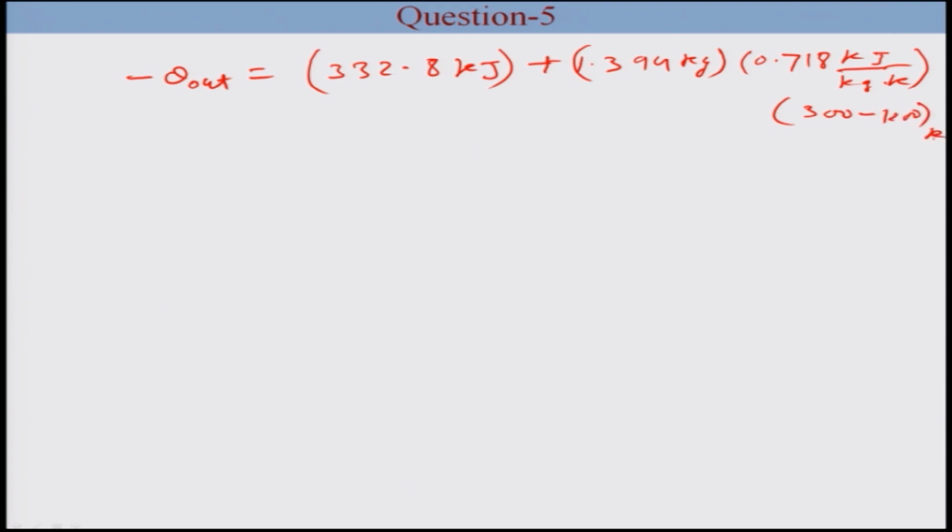So this gives total heat coming out of the system as 568 kilojoule. So this much amount of heat will come out of the system.